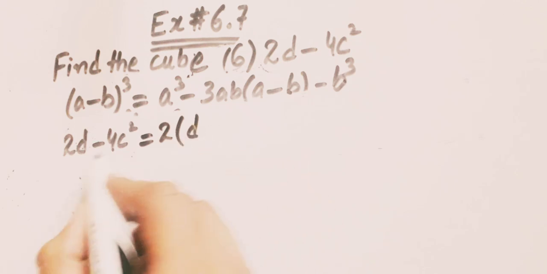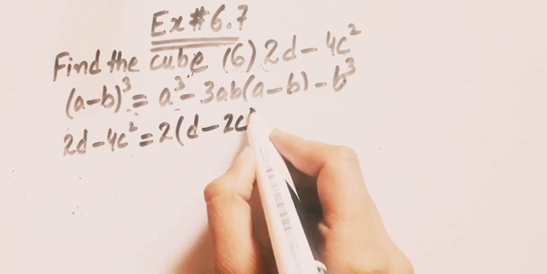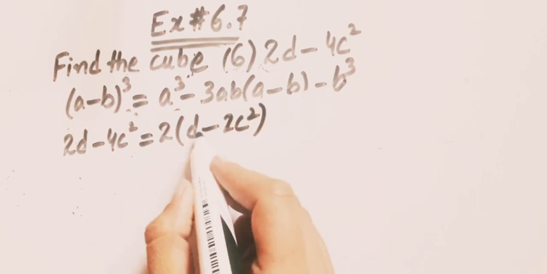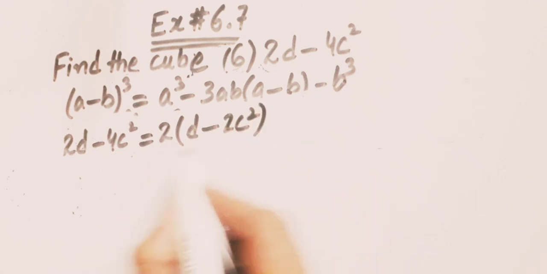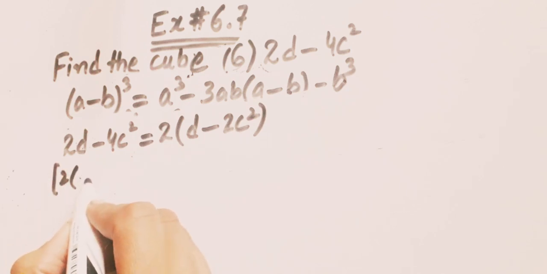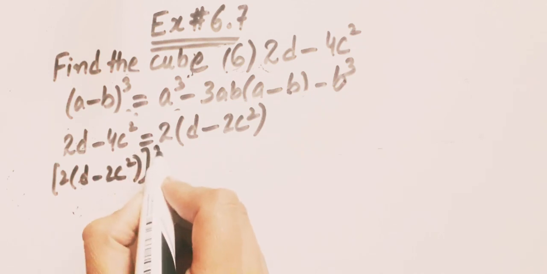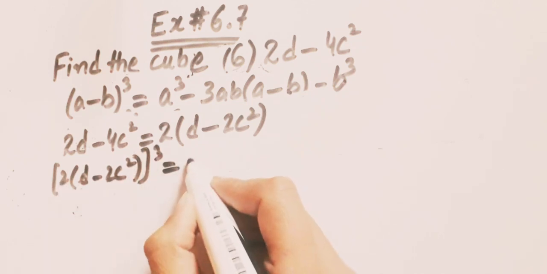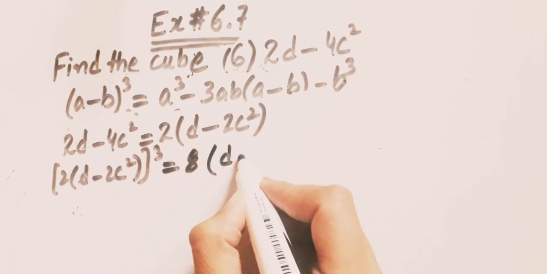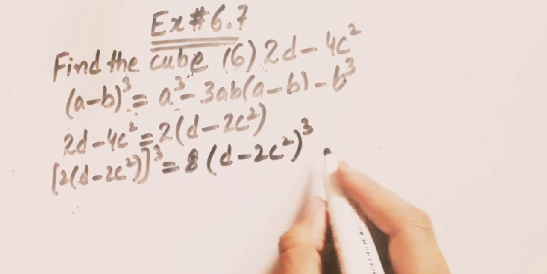Remaining is 2 taken as common, d minus 2c square. Now we will apply the formula on d minus 2c square cube, is equal to 2 cube is 8. So we have 8 into d minus 2c square cube.